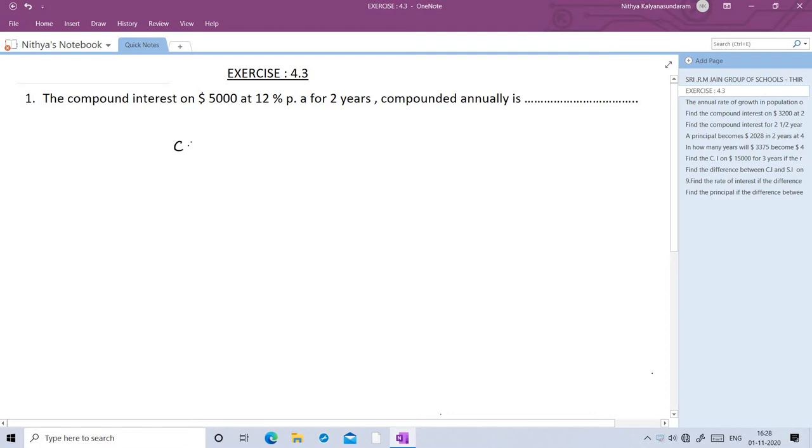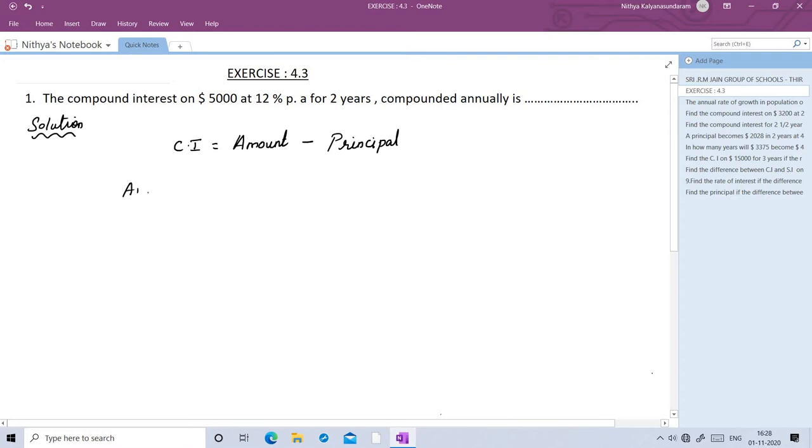Compound interest is equal to amount minus principal. So first we want to calculate the amount, then after calculating the amount, subtract the principal. So our principal is rupees 5,000.